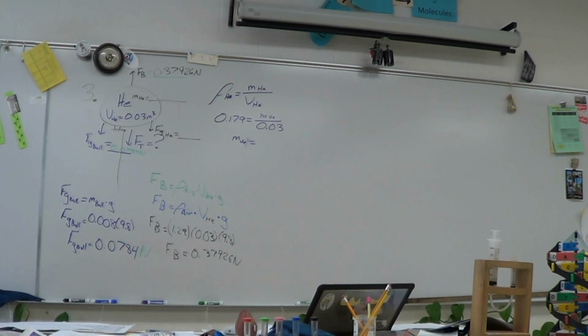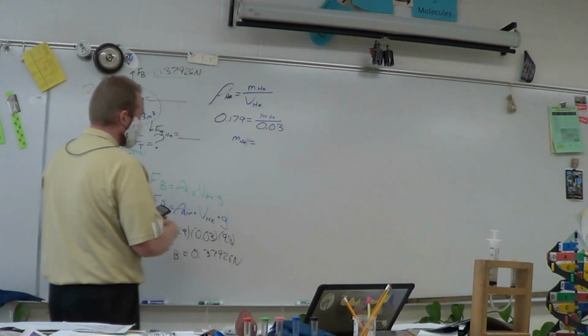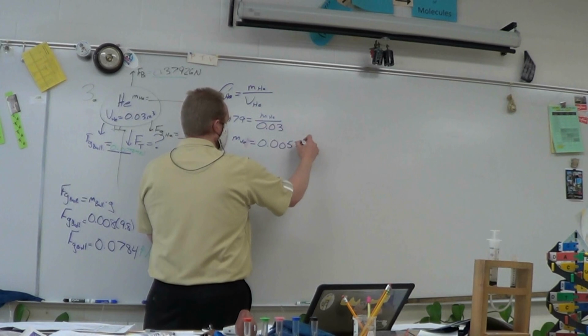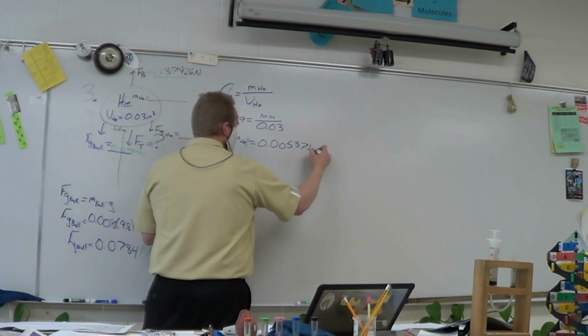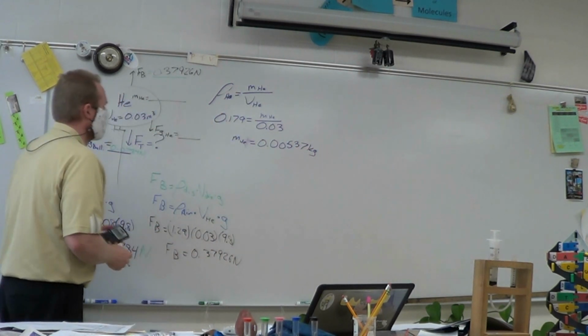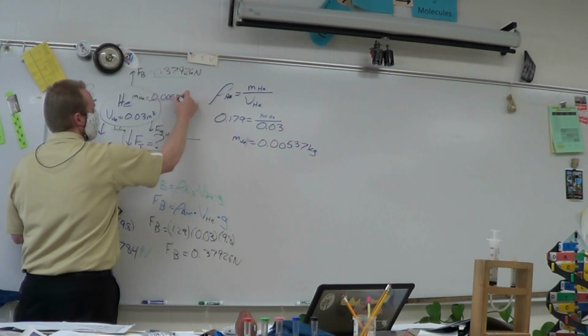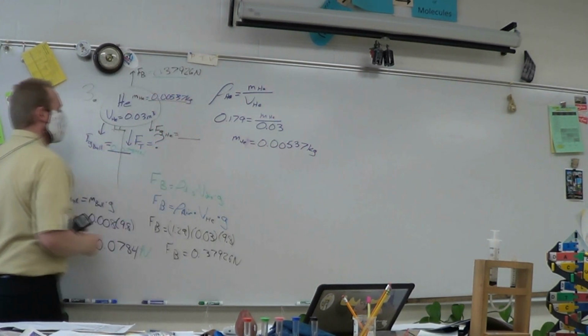So if we take 0.179 times 0.03, we get a mass of 0.00537 kilograms.